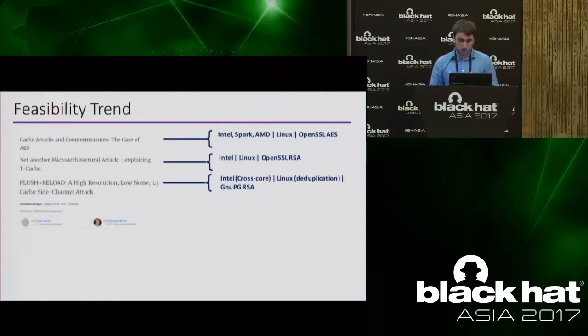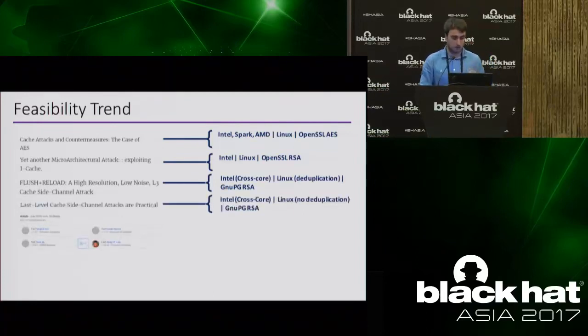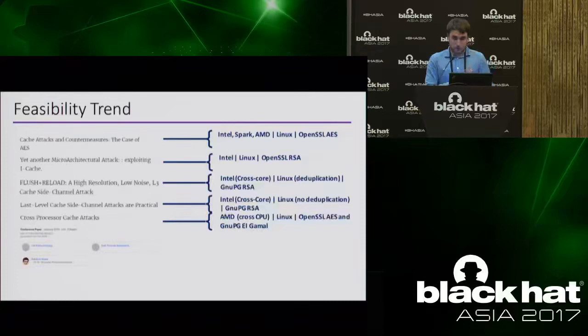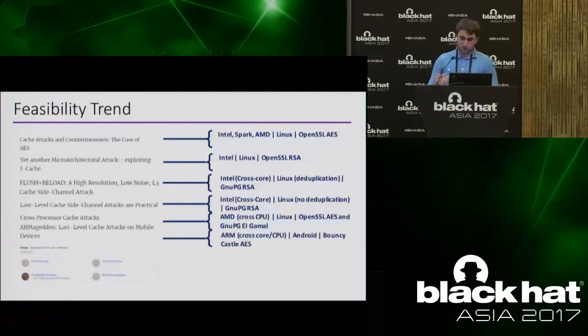First with deduplication, then without deduplication, then across CPUs, across CPU sockets, and finally in mobile devices. So we see the amount of work that has been done in the last 3-4 years, and also how we increased the practicality of this. And actually, if we see the trend, I'm expecting this to grow even more in the next years. So I'm expecting these attacks to be applied in even more realistic scenarios.